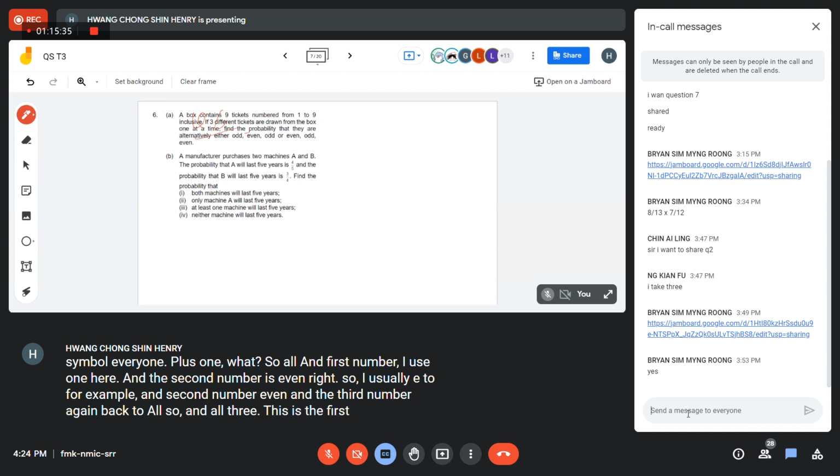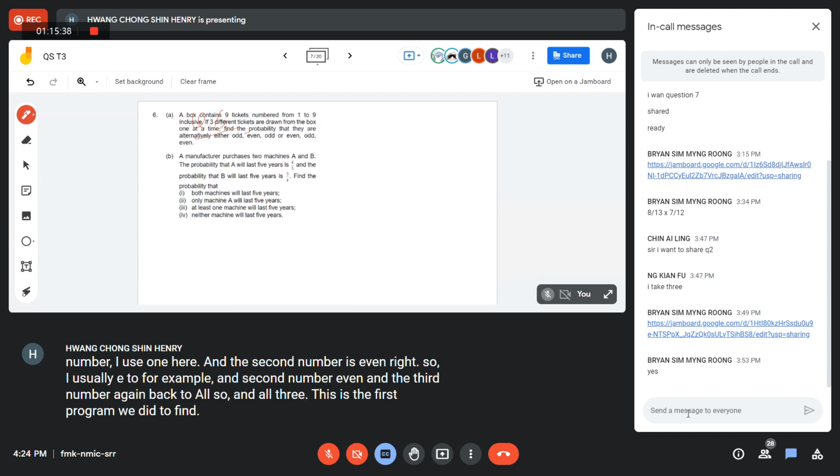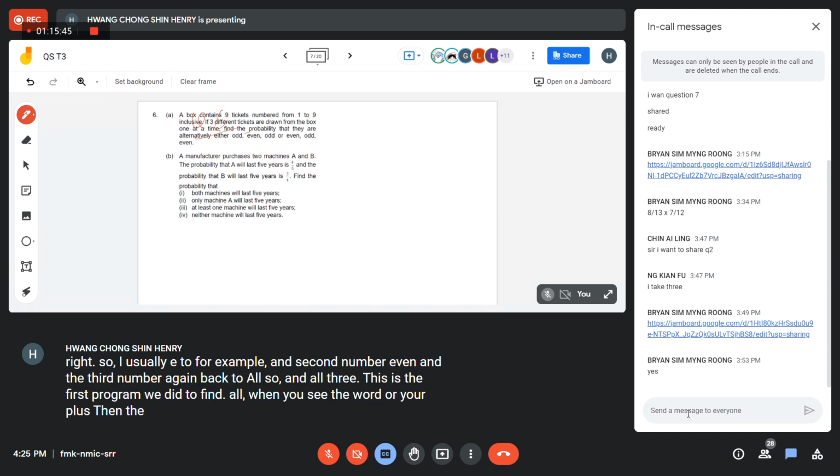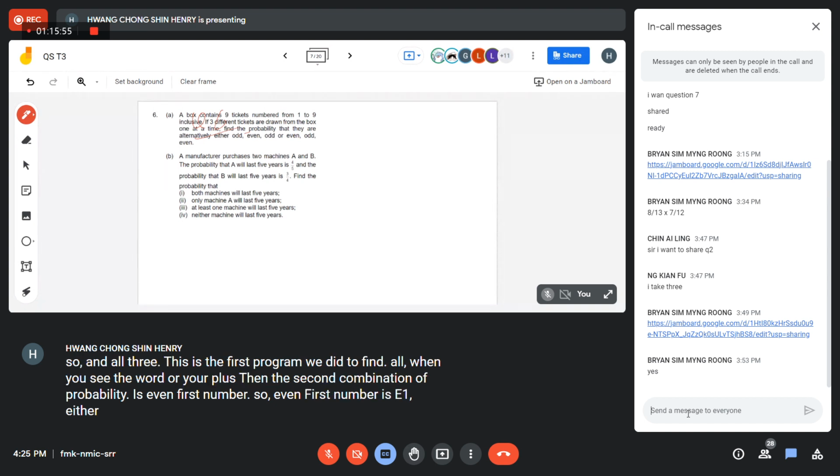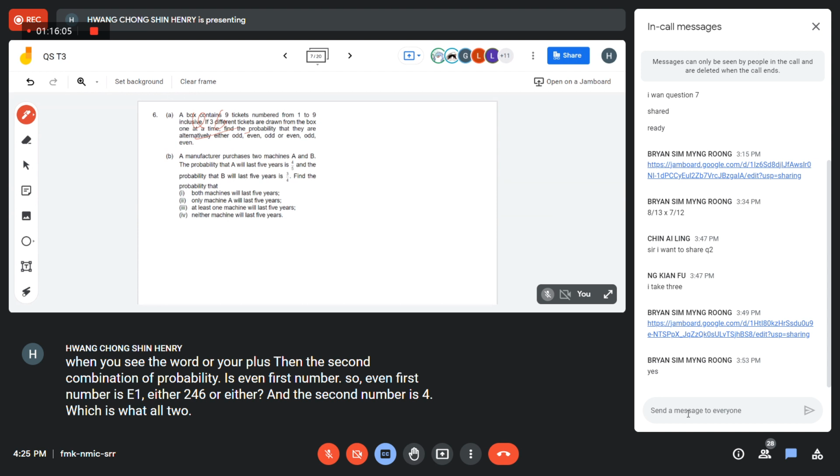This is the first probability that you have to find. Or, when you see the word "or", you add. Then the second combination is even first, so E1, the first number is either 2, 4, 6, or 8, and the second number is odd, O2, and the third number back to even, E3.